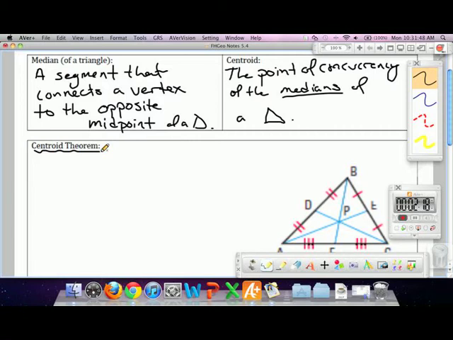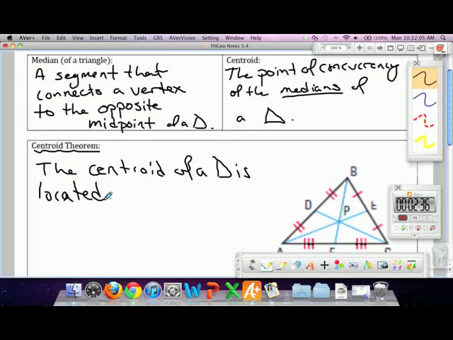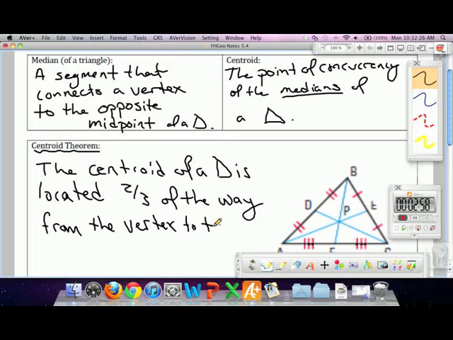It is located two-thirds of the way from the vertex to the opposite point. Two-thirds.